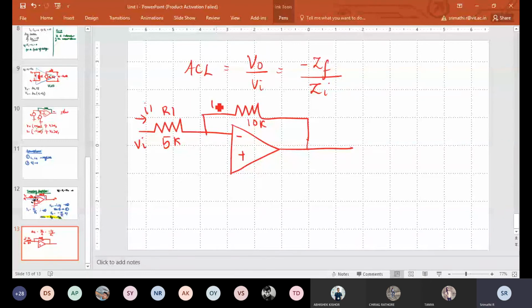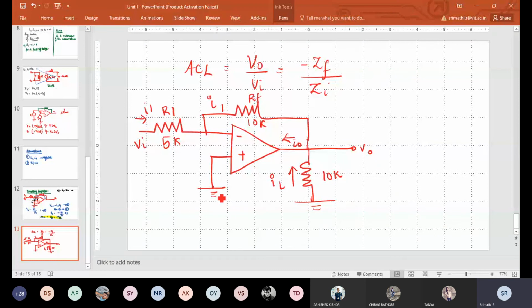The same I1 will be flowing through the feedback resistor. I have a load resistance of 10K. Load current will be flowing upward. This is my V0, whereas this is grounded.